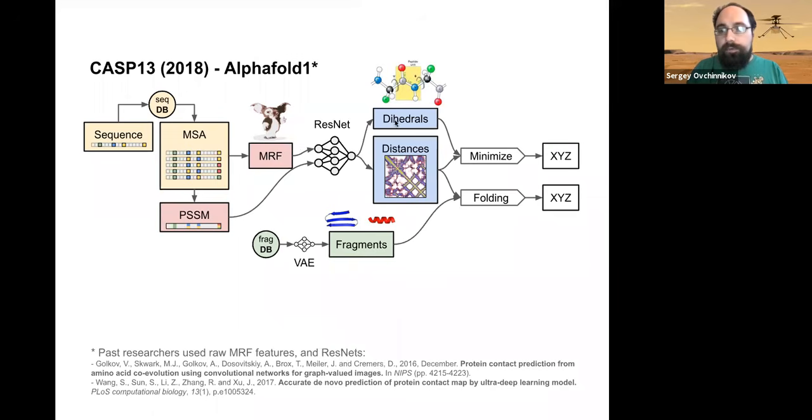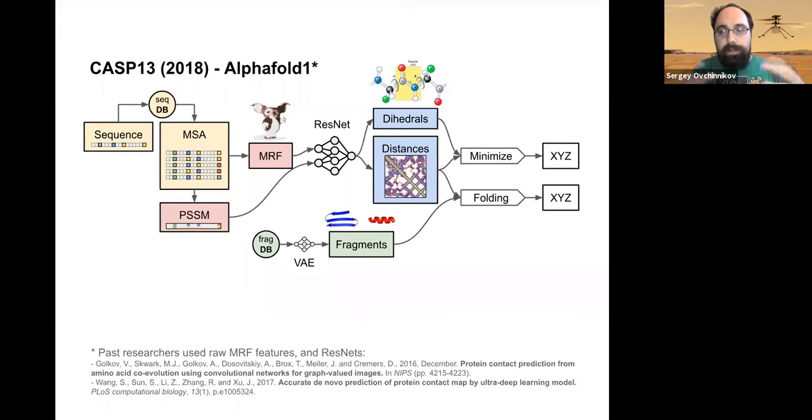The network would predict dihedral distances, and then you would minimize structures to obtain that. The reason I have a little asterisk here is that people have done these kinds of steps before, often for a specific arrow, but not necessarily the whole pipeline end to end. These ideas have been floating around the community, but each group was focusing on small parts of it.